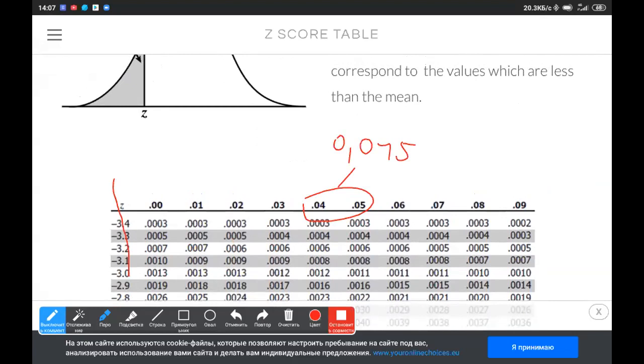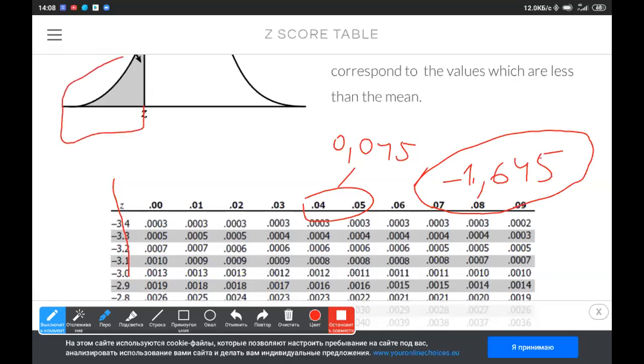So it means that our critical value will be minus 1.645 instead of 1.96. It will be 1.645. Okay, that's because our test is one-tailed.